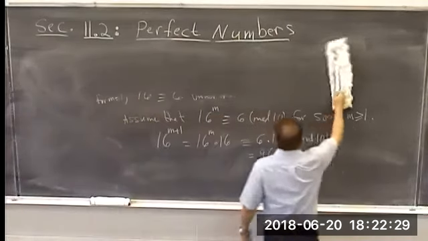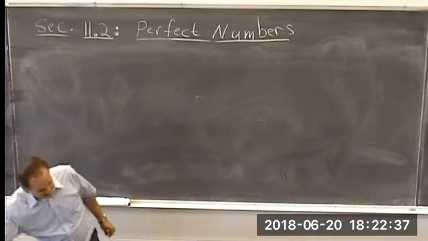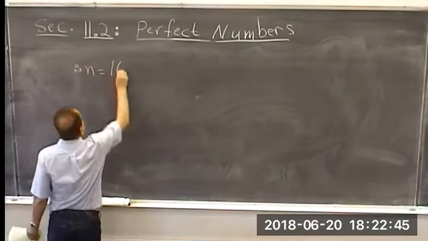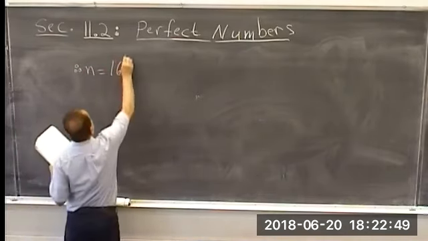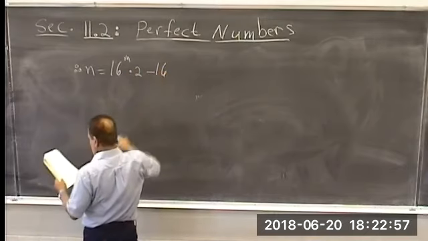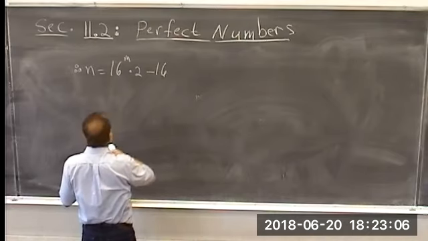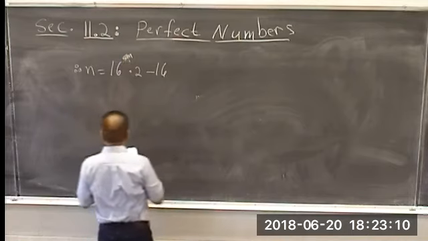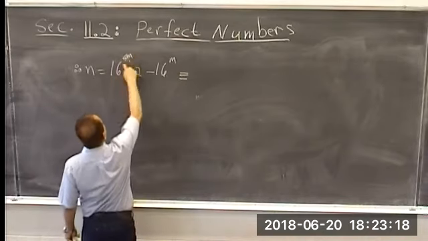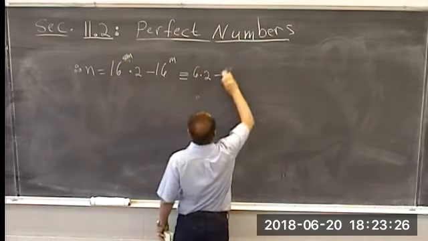Finally we have the n, so n was written as 16^(2m) times 2 minus 16^m. Again, because it's true for any m, the 16^(2m) is congruent to 6, and this one is congruent to another 6.